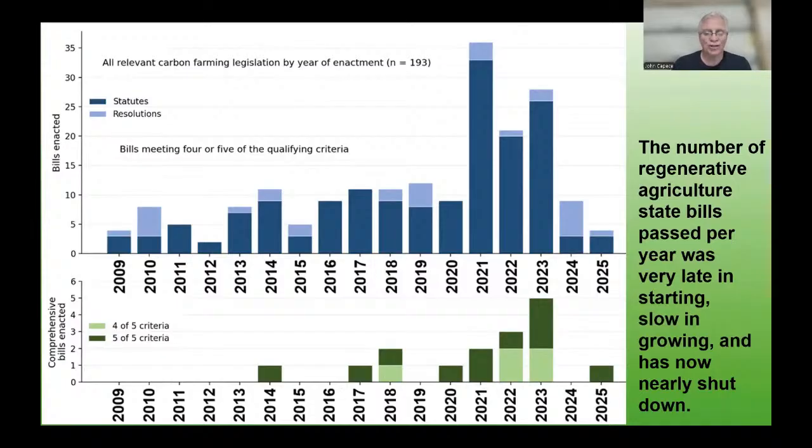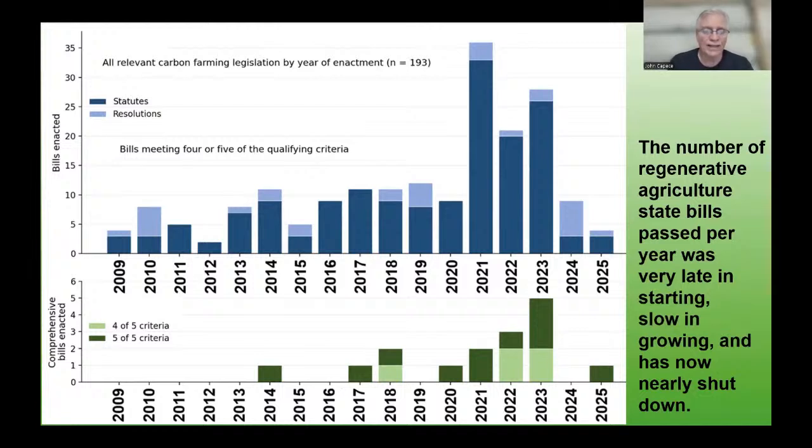The top chart tracks all 193 pieces of legislation that passed, separated into binding statutes and non-binding resolutions. For years, passing anything was a struggle, averaging under 10 bills a year across the entire country.